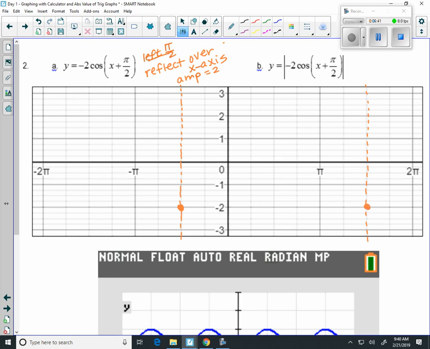Now, these points that I'm plotting underneath here, since I only gave you one graph for this, I'm just going to dot in, and then I'm going to do everything above the x-axis to do that absolute value function. Okay, halfway in between for cosine, we have a maximum. So 1, 2, 3, 4, and then I'm going to go up to positive 2. Oh, this would have been much easier as a sine graph.